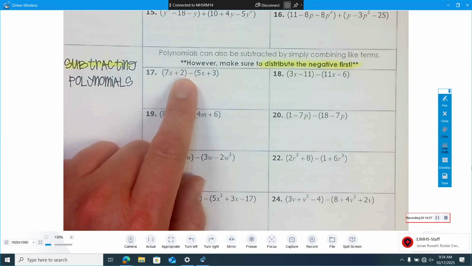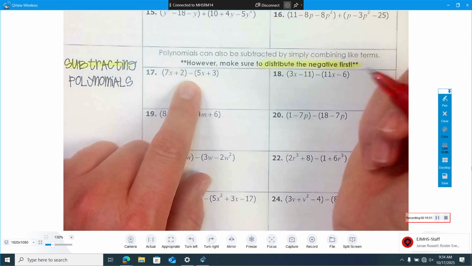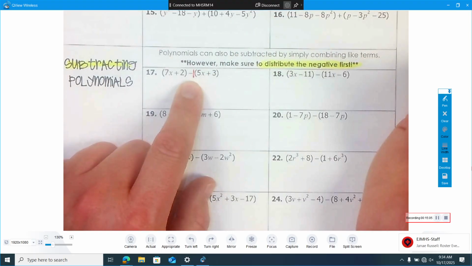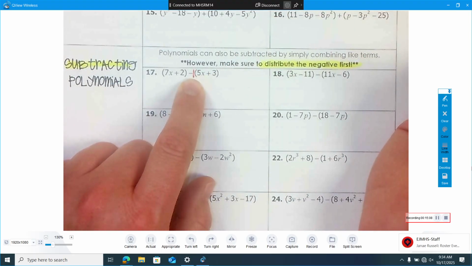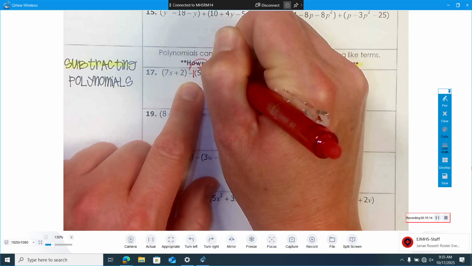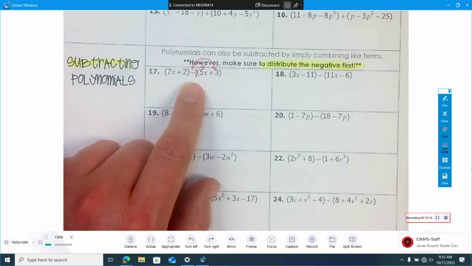From yesterday, subtraction screws everything up. Right here, there is a -1 in front of the parentheses. It's different. And we have to be careful anytime there's subtraction. We have to distribute the negative.